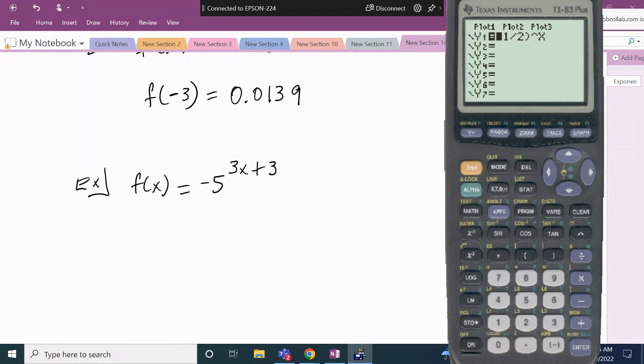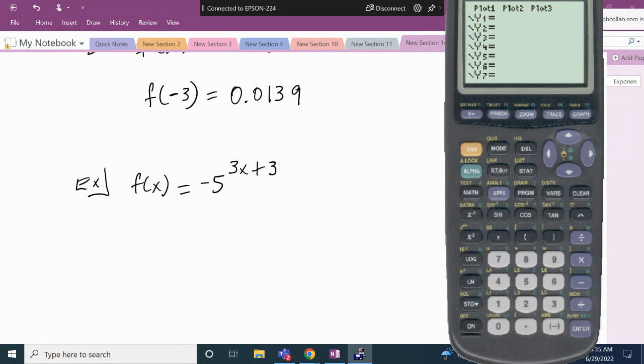I'm going to go into y equals, and I'm going to put in that function, negative 5, and raise that using the begin set of parentheses to the 3x plus 3 power. And I have that function stored as y sub 1. And I'm going to go back to the home screen.